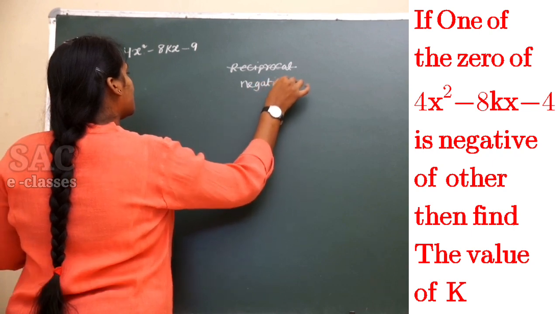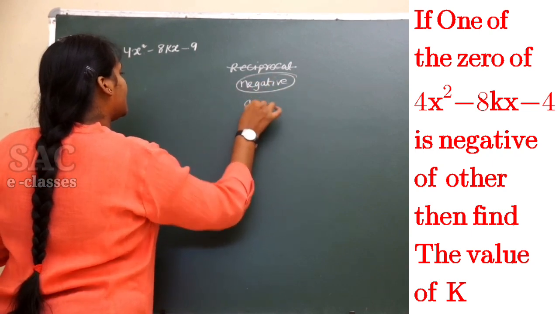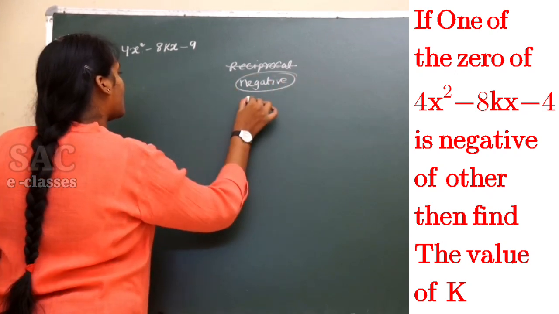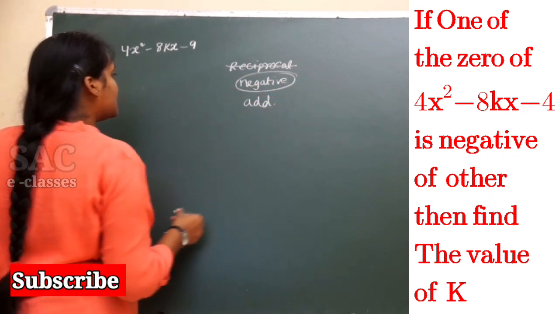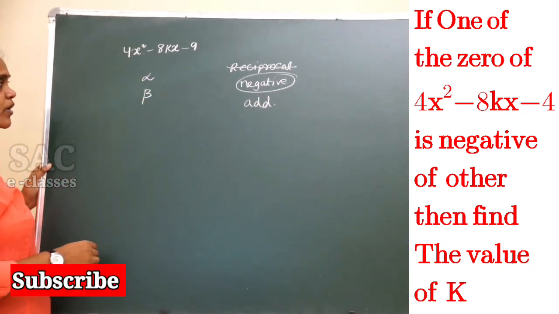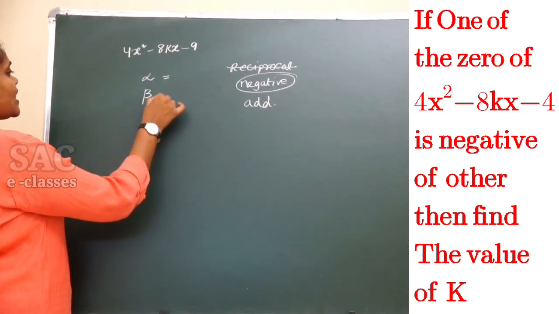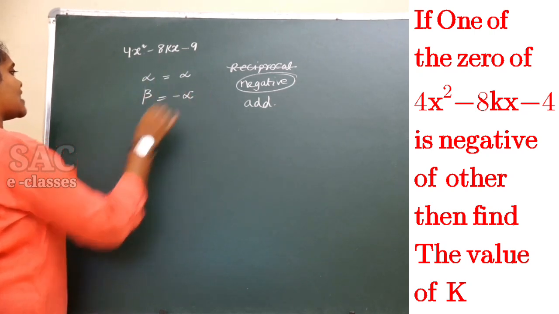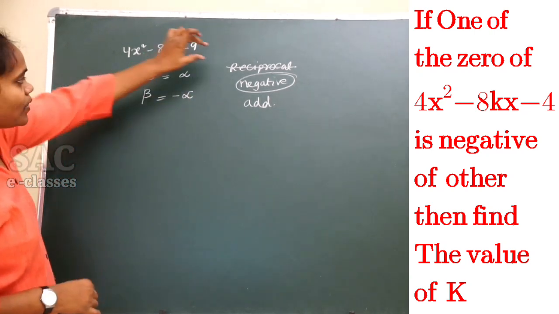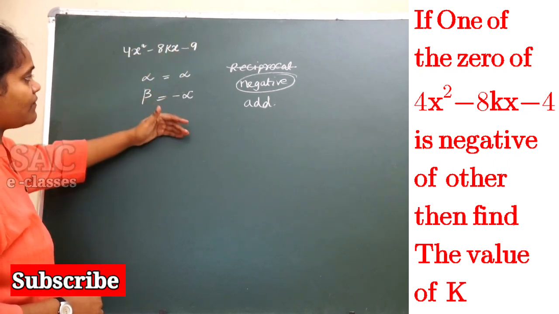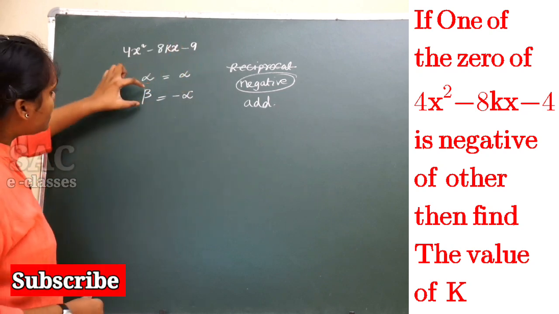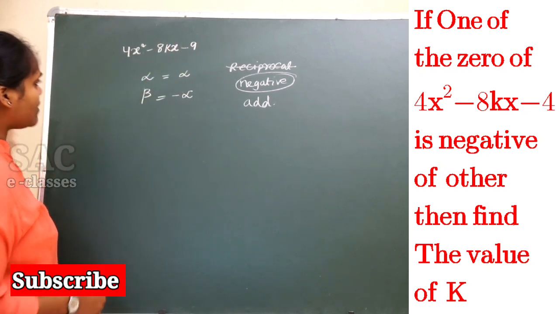When they use a word like negative or additive inverse, again we assume the zeros of the polynomial alpha and beta as alpha is alpha, but this time beta is minus alpha. Remember, reciprocal means you write 1 by alpha, but for negative or additive inverse the other root will be minus alpha.